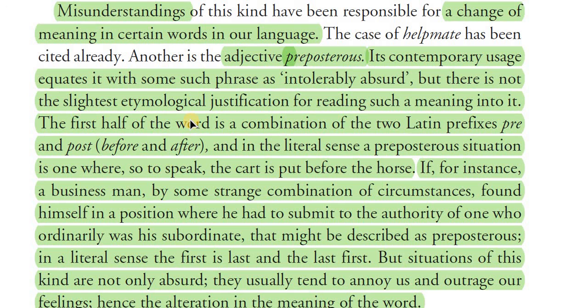So, usually, a businessman is an authority of his business and he would speak in an authoritarian manner with his subordinates. But if the businessman has to speak in a very submissive manner to his subordinate, then that is a preposterous situation. So, in this sense, again, the first is last and the last is first. That is, the businessman is kept last and the last person, that is, the subordinate, comes first.